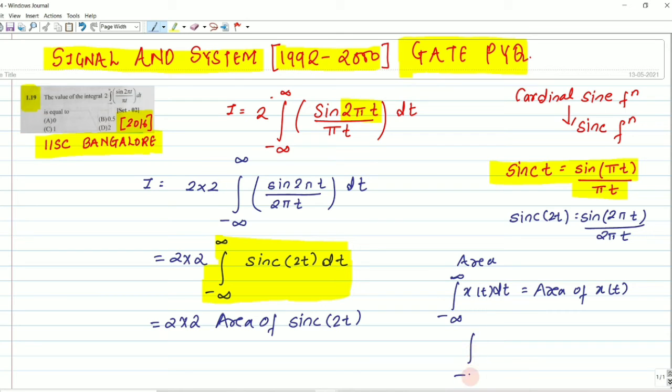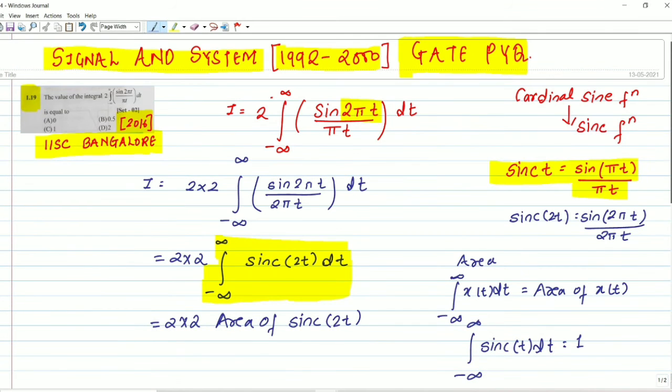We know the area of sinc t is always equal to 1, but here we have been given sinc 2t. Now we are going to use the scaling property. What is the scaling property?